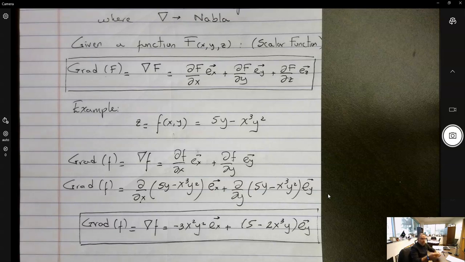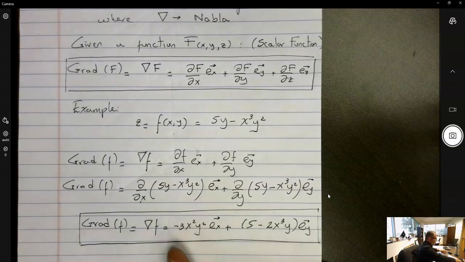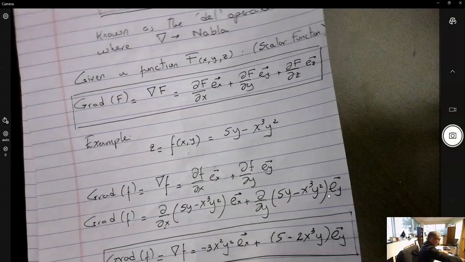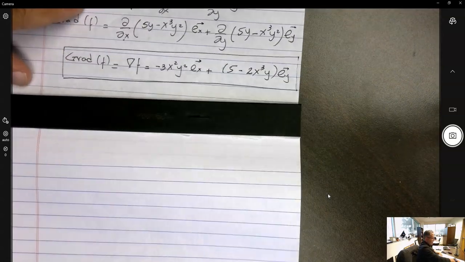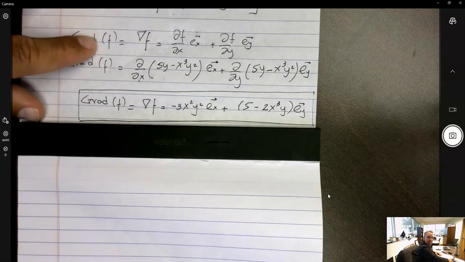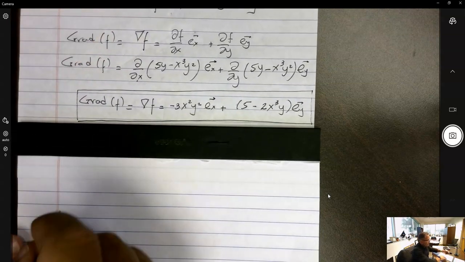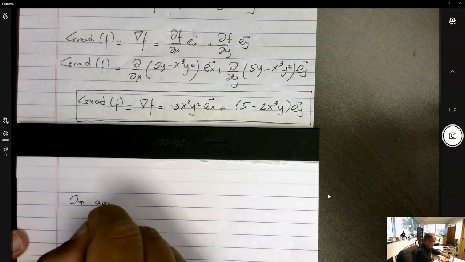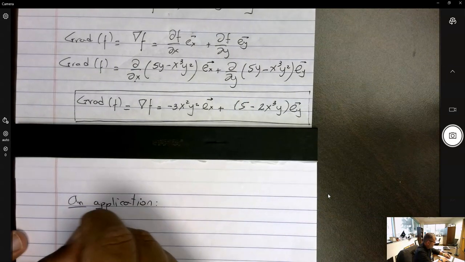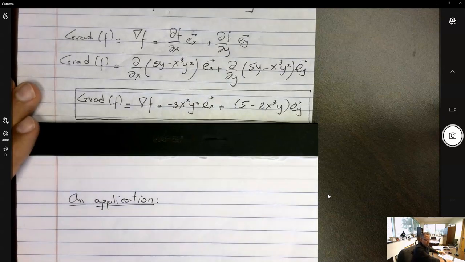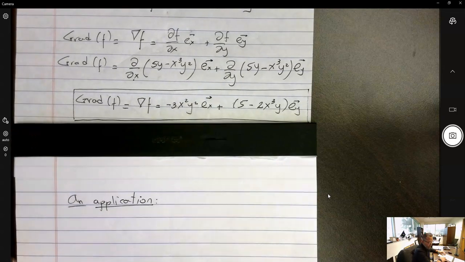All right, now to a more common application to us mechanical engineers. This is again very mathematical, what we just did, but for us, let's look at an application, and one that we are going to be visiting very often, which is the application of heat conduction.